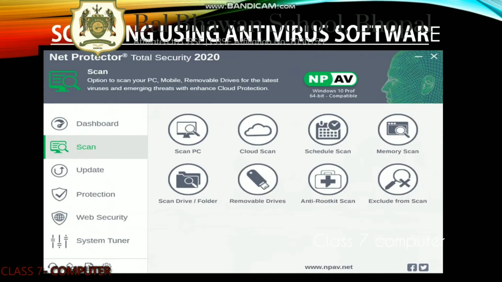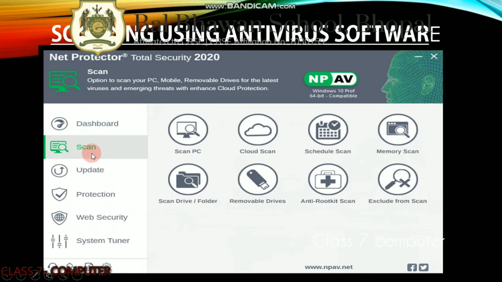Now we'll see next how an antivirus software can protect your system from the viruses. Any antivirus software can be used by scanning the system through that software. For example, if the antivirus software available in your system is Net Protector, then first of all you need to open that software, and then you will get the screen like this.